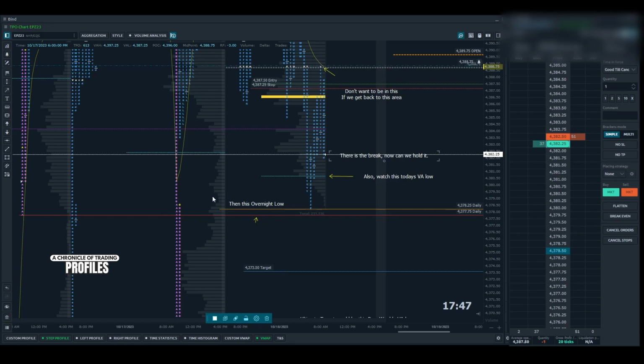I really wanted to see it break that C low and then accelerate, but because it didn't, I thought I might as well take one.